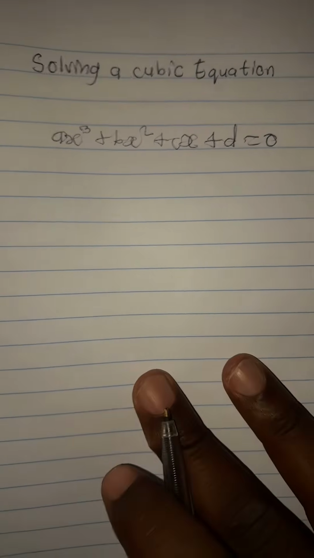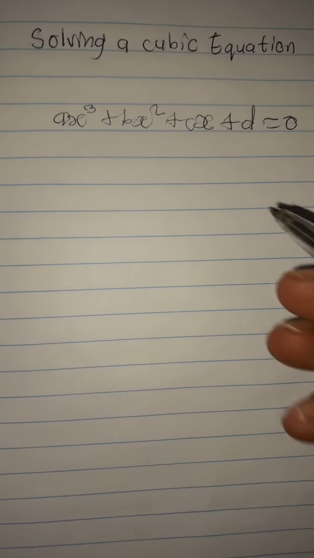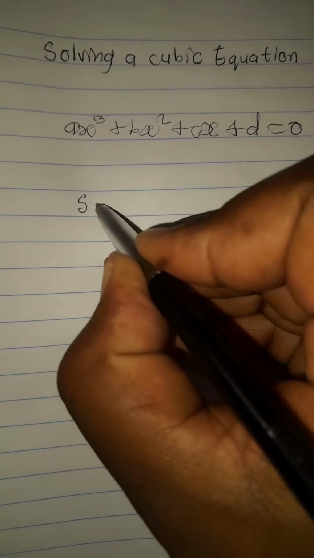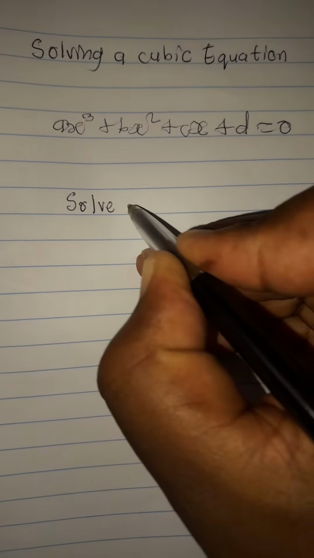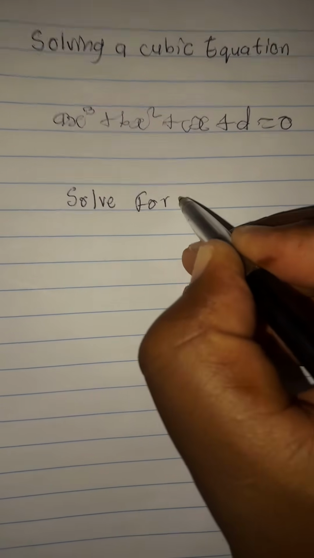So this is what you should note. A cubic equation is a third-degree equation, meaning that we should have 3 solutions in this case.